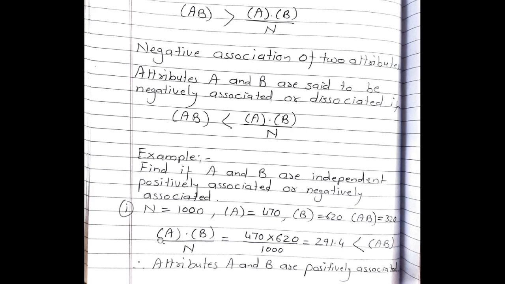First of all, find the value of A into B upon N. So 470 into 620 upon 1000, the answer is 291.4. But value of AB is 320. So 291.4 is less than frequency of AB. Therefore, attributes A and B are positively associated.